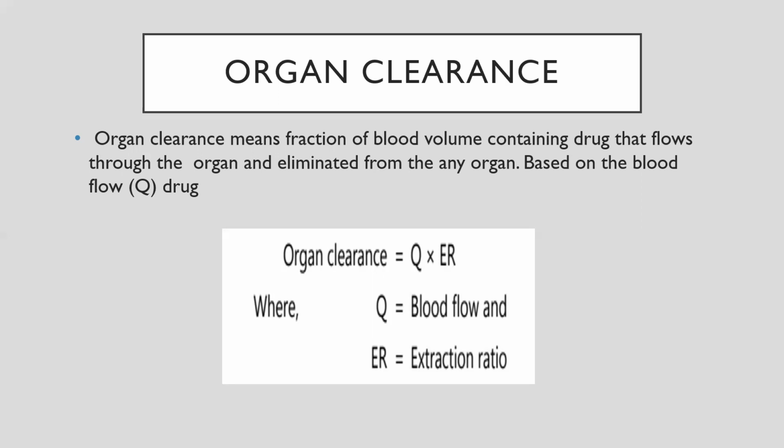Q is the blood flow to the particular organ, and it is multiplied by ER, the extraction ratio. So this is organ clearance: the particular drug being removed from the blood by the particular organ.